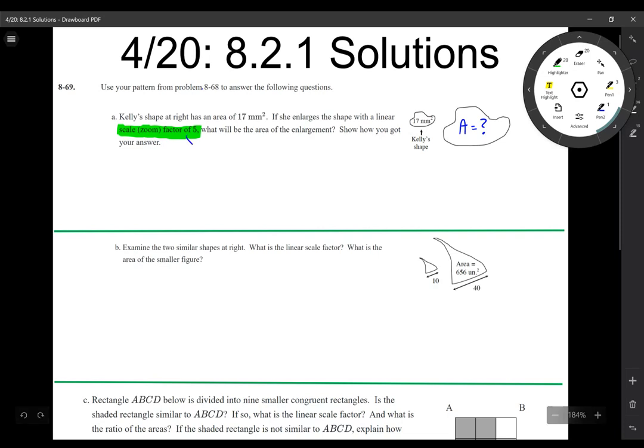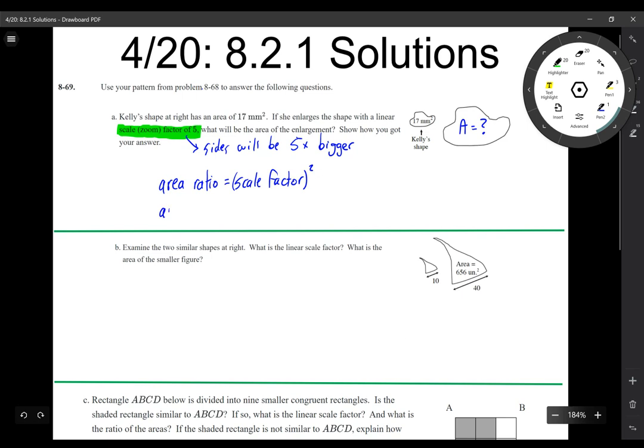So we know that with the scale factor that the sides of the larger shape will be 5 times bigger. But that's not the case for the area. Actually, the area ratio, we find that by squaring the scale factor. Scale factor squared.